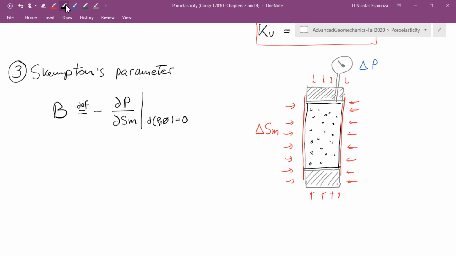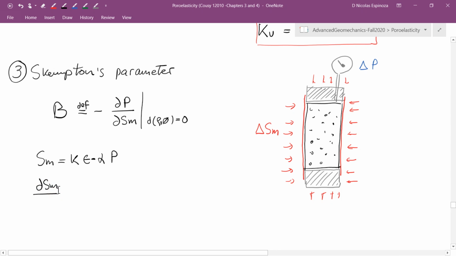Okay, so let's go then to the equations in order to calculate what this Skempton parameter is as a function of the other poroelastic parameters. So in order to do that, we'll start with the first equation of poroelasticity. And here, what we're going to do is take the derivative of the total stress with respect to pressure.